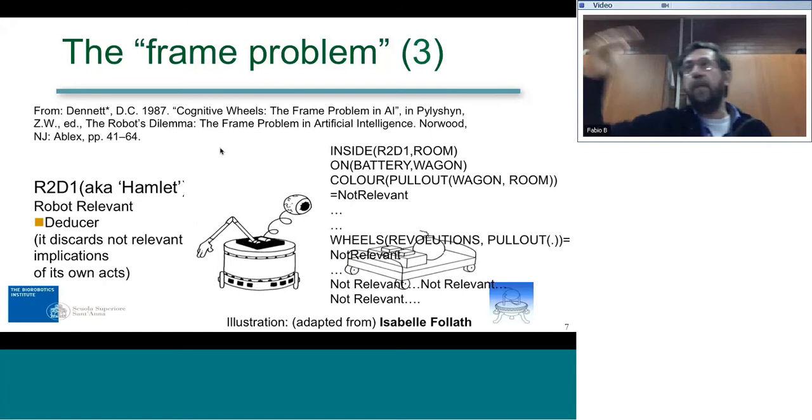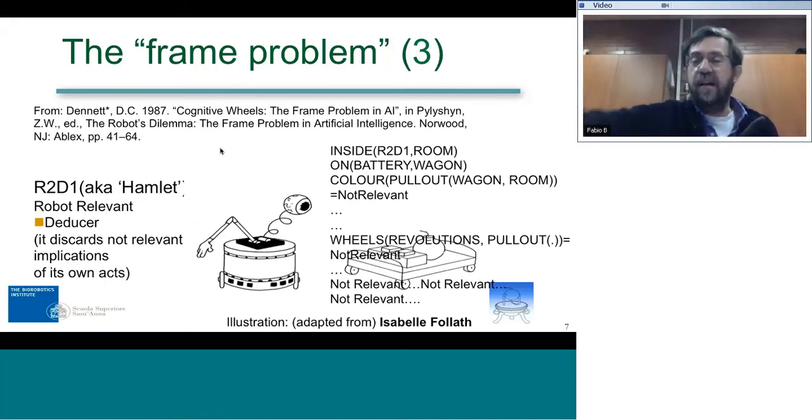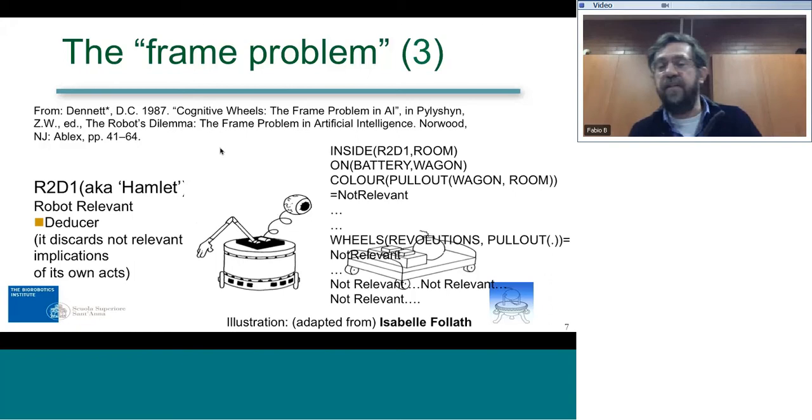So again, the problem is that I don't only have to decide the consequences of all the possible sequences of acts that the robot could do to solve its problem, putting the battery out of a wagon. I will have to decide that some facts, some consequences of the acts, are relevant and some are not relevant.